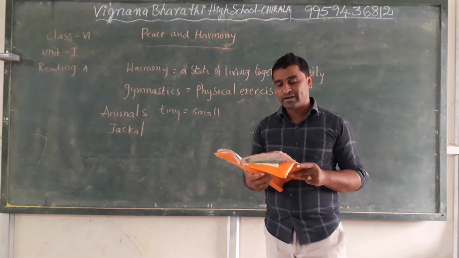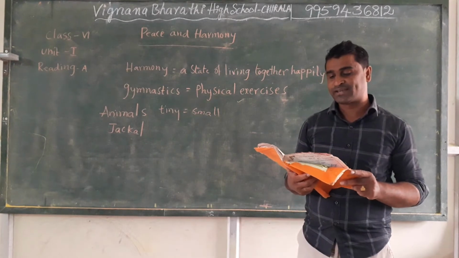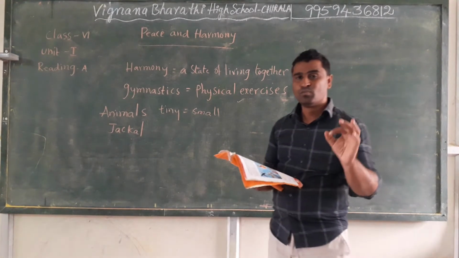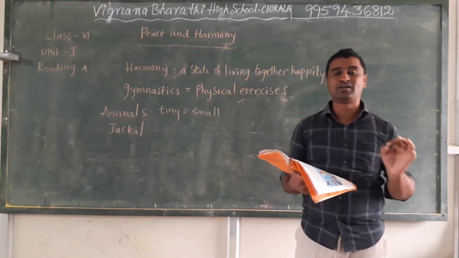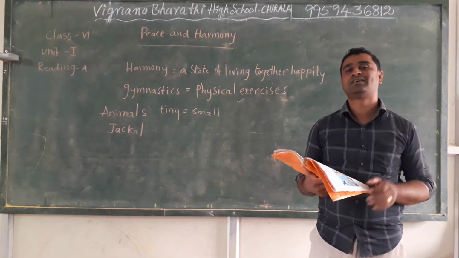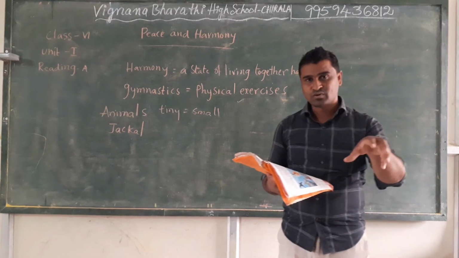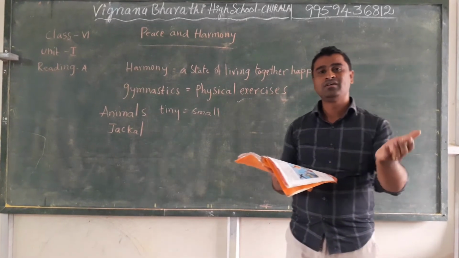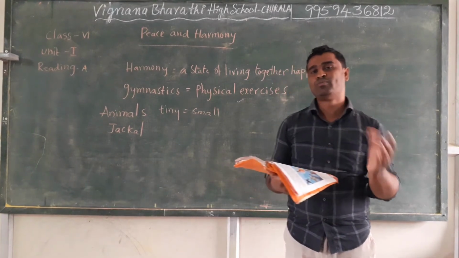They called the moon and his friends, the stars, to be the guests of honor at their musical evenings. Here you see, moon and the stars are considered to be human beings here. So the story is created that moon and the stars also are portrayed as human beings.